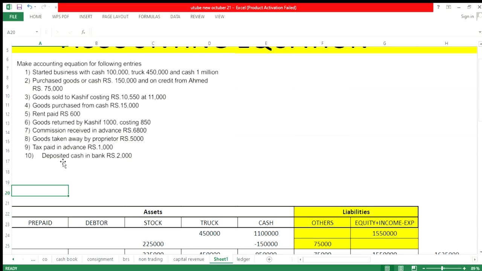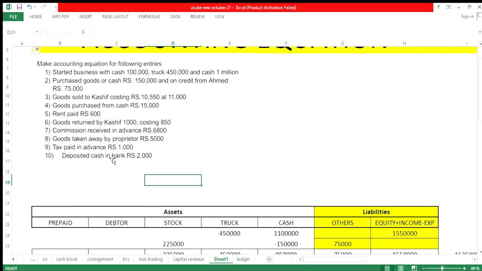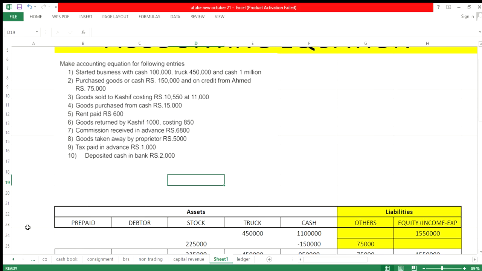Last entry, deposited cash in bank. We have deposited amount in bank, and as you can see that I have just introduced a new column over here, and this column we are going to have bank. What it is showing? Deposited cash in bank. Amount was deposited in bank.